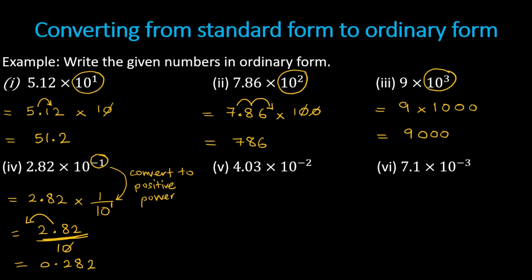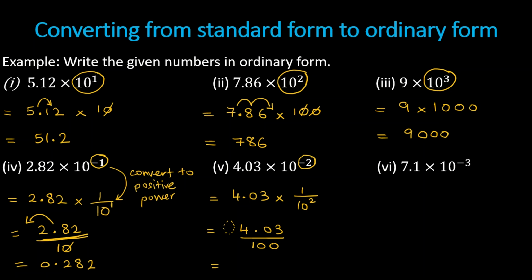Okay, the fifth part, we do the same thing. 4.03 times negative power becomes positive, we take the reciprocal, 1 over 10 to the power 2. And what is 10 to the power 2? 10 to the power 2 is simply 100, right?